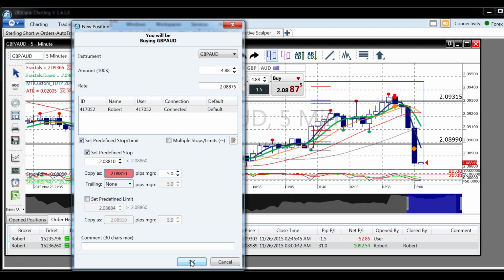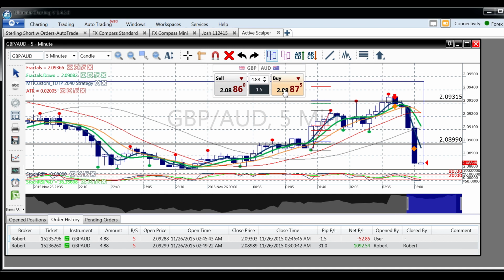If I'm a conservative trader, let's just say I'm getting out at the 382, I'm not trading any of this move right here. I'm actually missing a large portion of this move, right? I'm missing this move. You guys understand that?